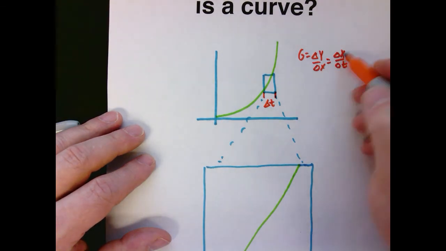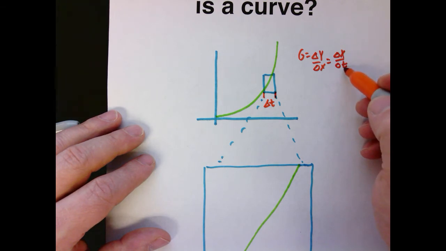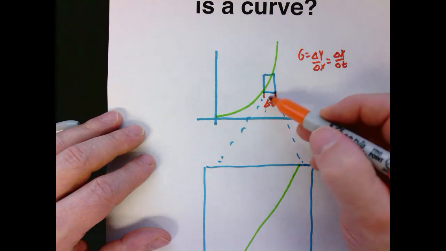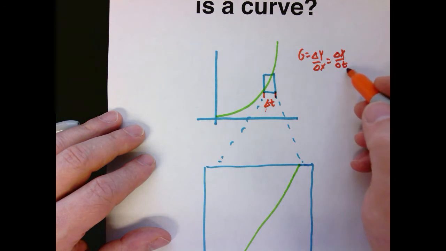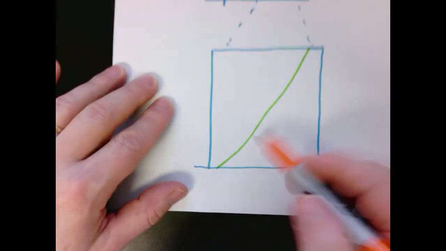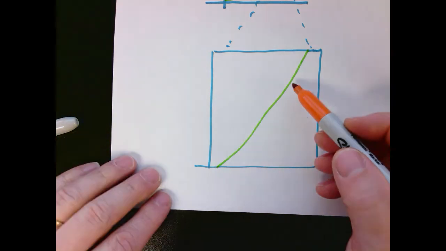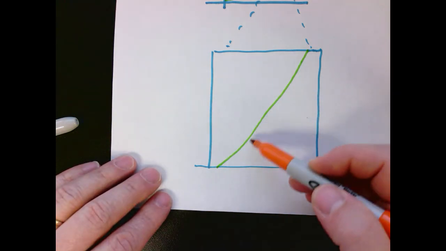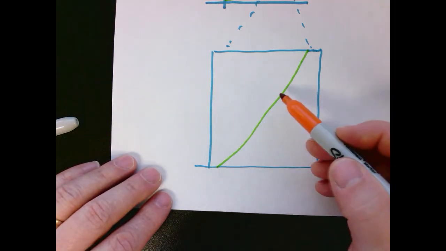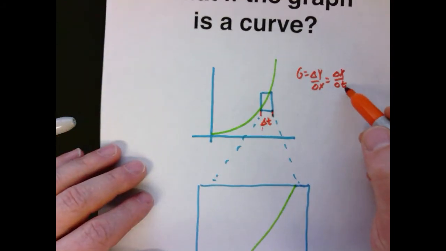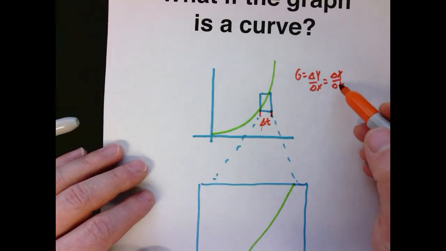Again, coincidentally, the same x's, but the change in position over the change in time. Well, what we're doing by looking at a small interval is making delta t, the time interval, very, very small. And as we make the time interval very, very small, the curve begins to look more and more like a straight line. So when delta t is small, we can do delta x over delta t.